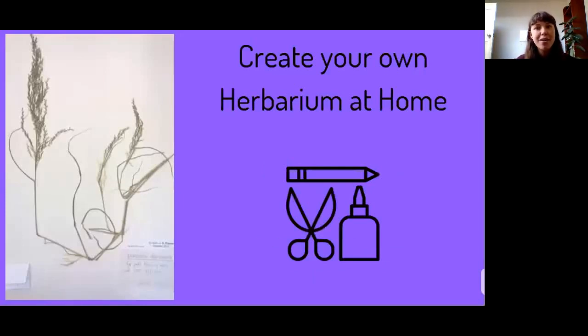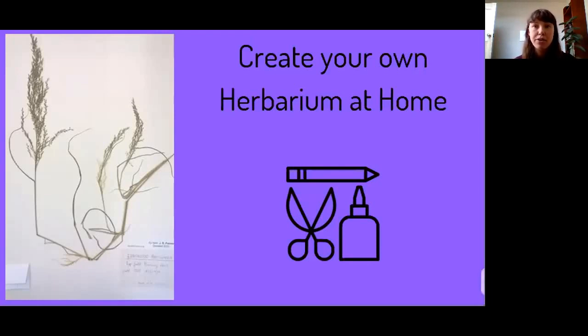So what do you need to start your own herbarium? I would suggest good quality thick paper cards or sheets, so drawing paper works really well, a flower press or lots of heavy books, PVA glue, old newspaper and greaseproof paper, so the stuff from the kitchen's absolutely fine, and some delicate tools, so paintbrushes, sculpture tools work really well.